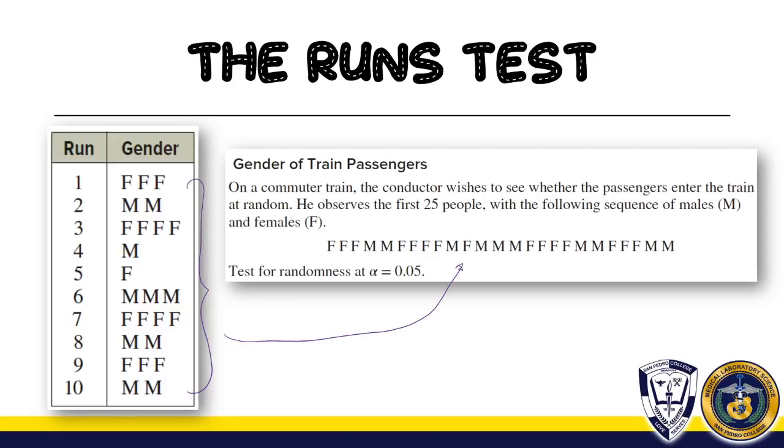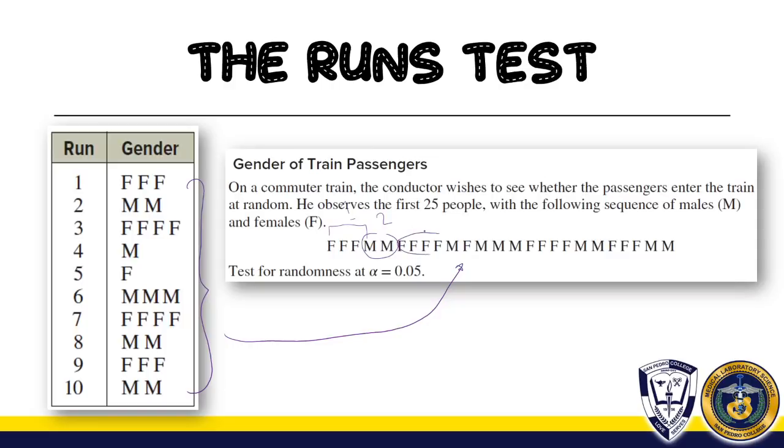Now, if we try to know the number of runs here per identical letters, meaning, like this, FFF, then male. So you stop at the third F, and that is your first run, since the next letter is different. So this MM is your second run, since the next letter is different.